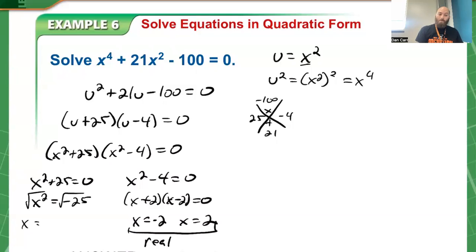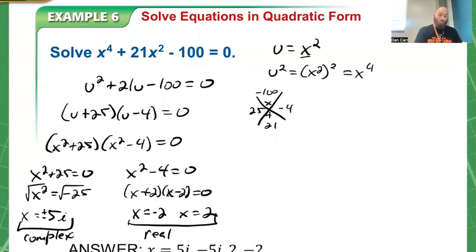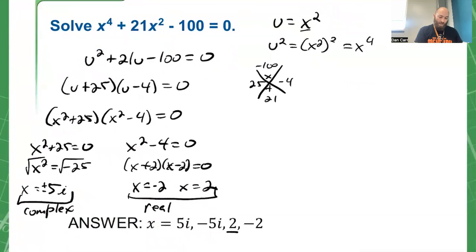That's a perfect square, so the square root of 25 is just 5, and then I have an i. But square root property says it's a plus and minus. So we actually have two complex solutions as well. I have two real and two complex. That's where I get my final answers: +2, -2, +5i, and -5i. So that's all four possible answers here.